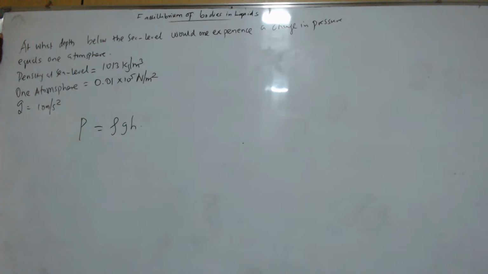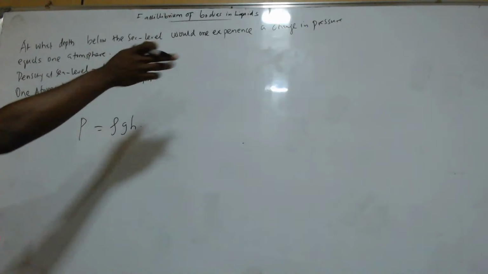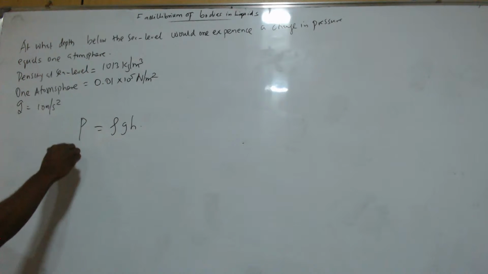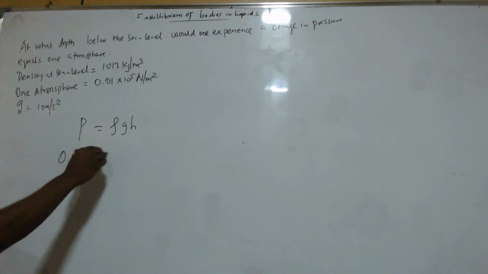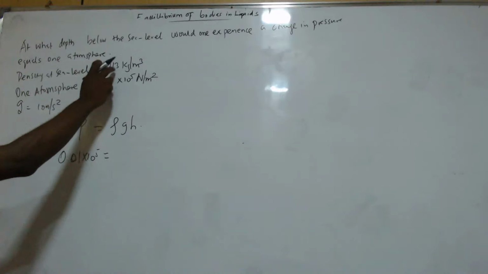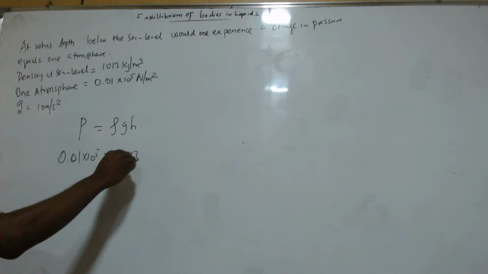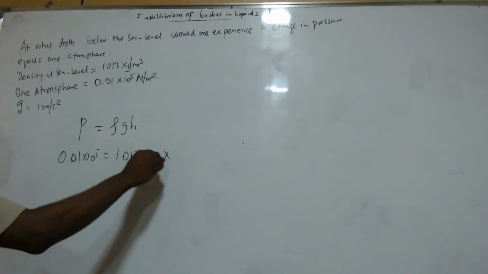Pressure has been given as this. 1 atmosphere is equal to 10 to the power 5 Pascal. So 0.01 times 10 to the power 5 is equal to rho, which is our density, 1013 times 10 multiplied by h.